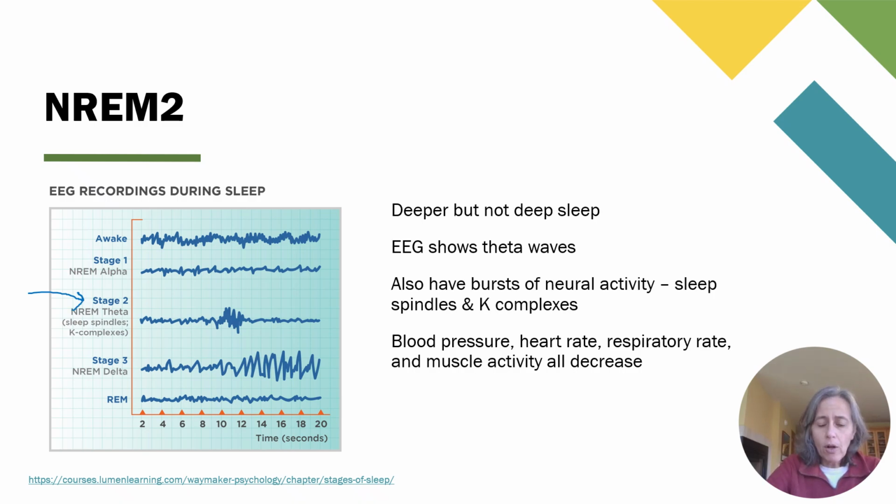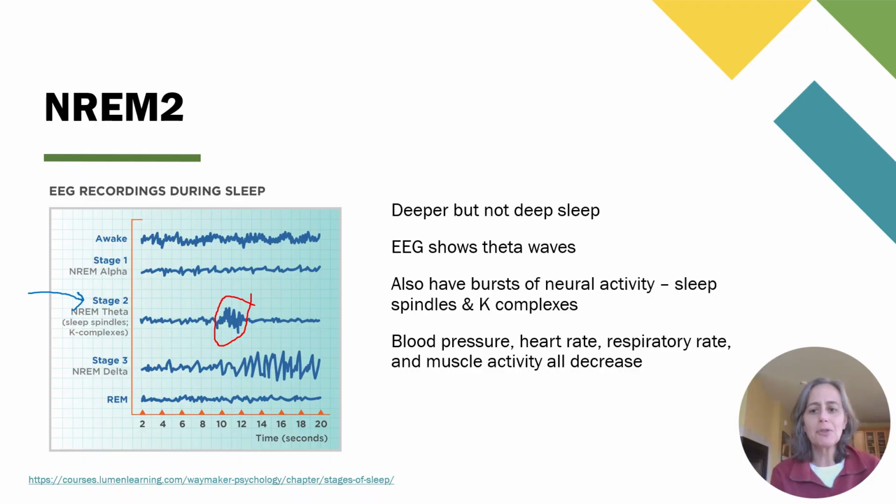Now, you can also see these little bursts of neural activity. If it looks like this, those are usually called sleep spindles. There's another pattern of burst of activity that is called a K complex. There's lots of speculation about what those are for. I spent some time trying to figure out what the latest assessment of it is, and I got differing opinions from different sources.